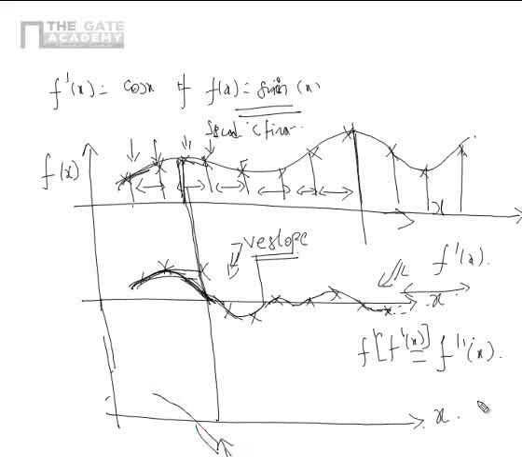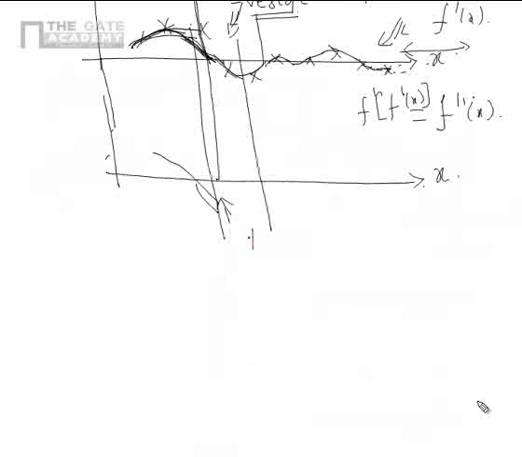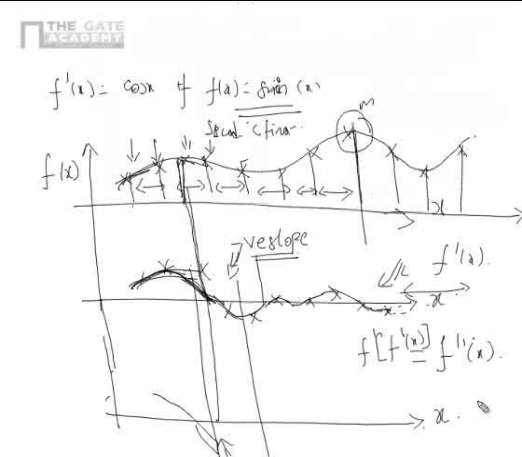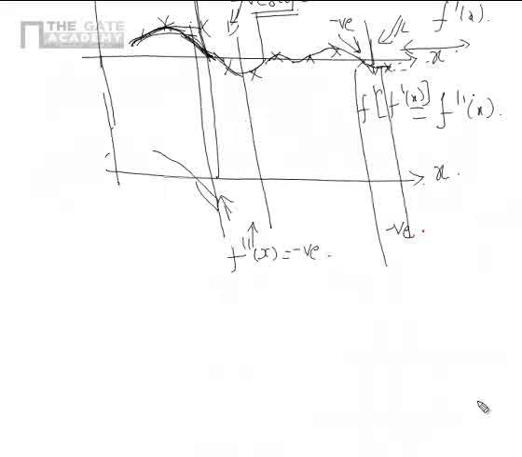In this region the value of f double dash of x will be negative. Similarly, this point here is a max value, and again we see the corresponding point in f double dash of x is having a falling slope, negative slope. So f double dash of x again in this region will be negative.